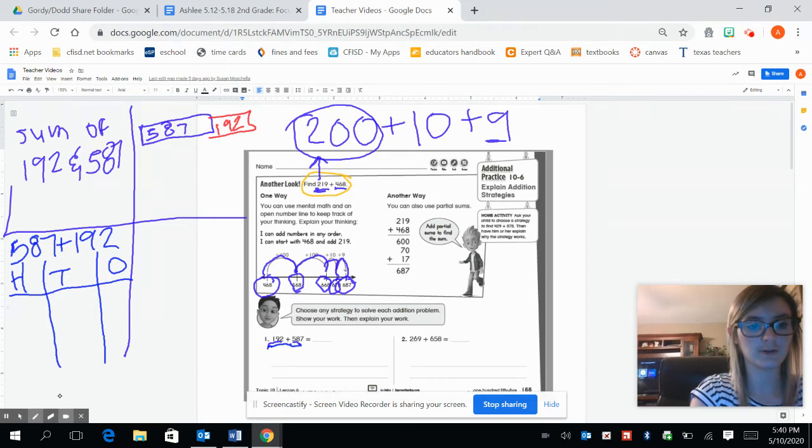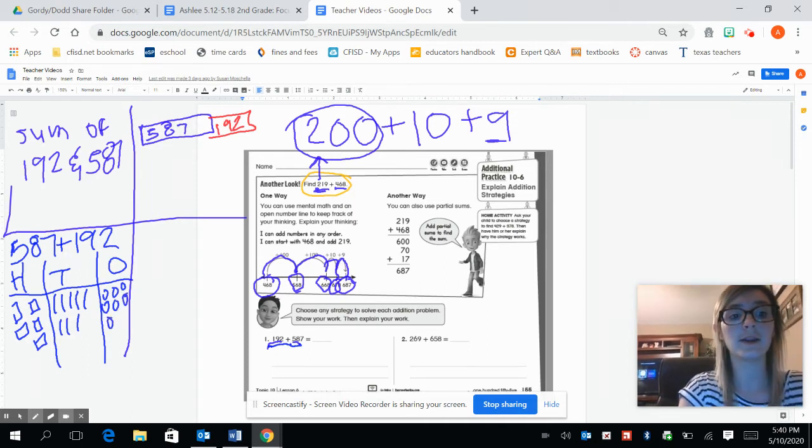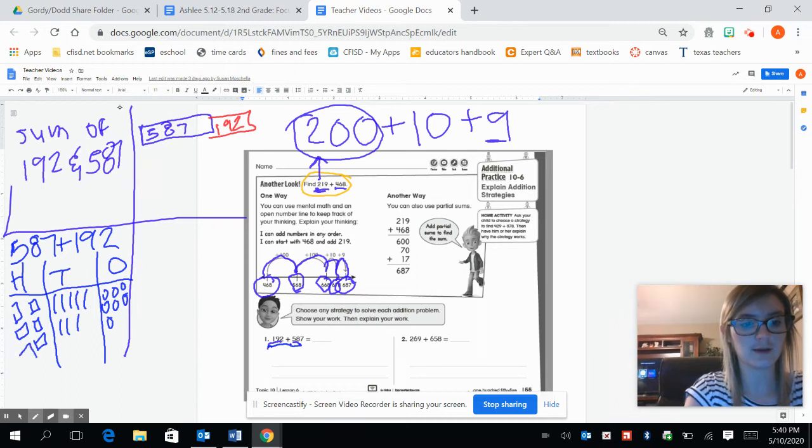For our 587, we have 5 hundreds, 8 tens, and 7 ones. Now we're going to add 192. So we add 1 hundred, 9 tens, and 2 ones.